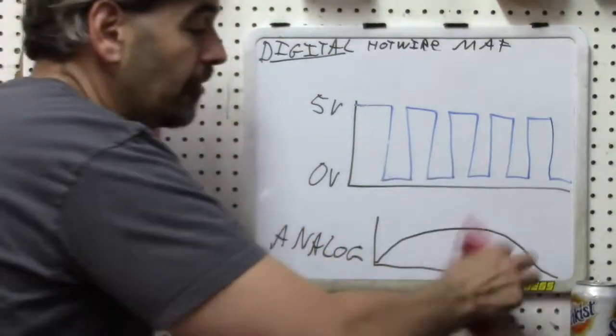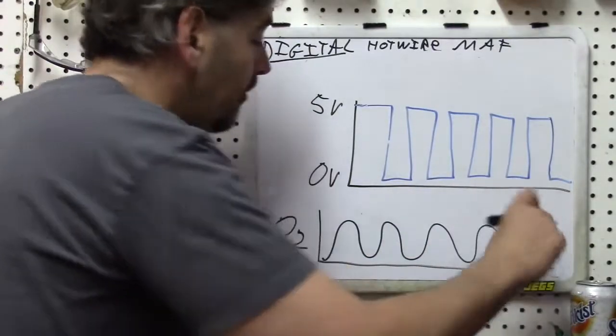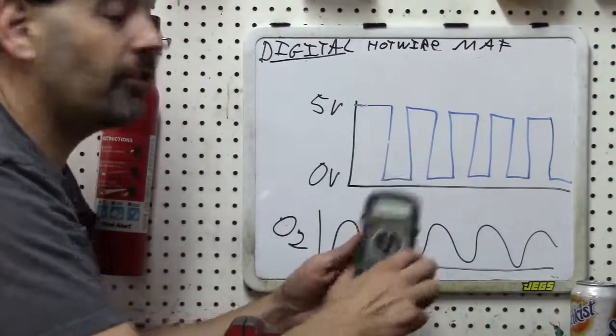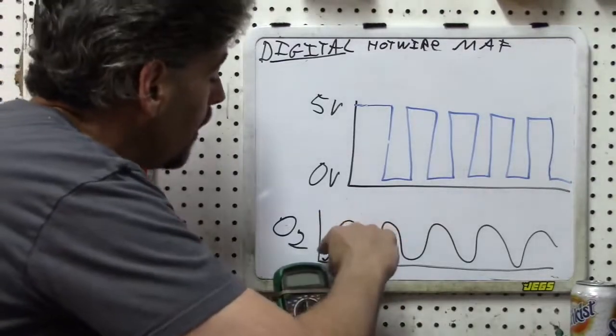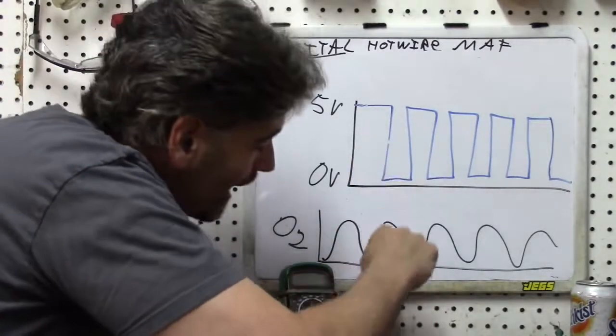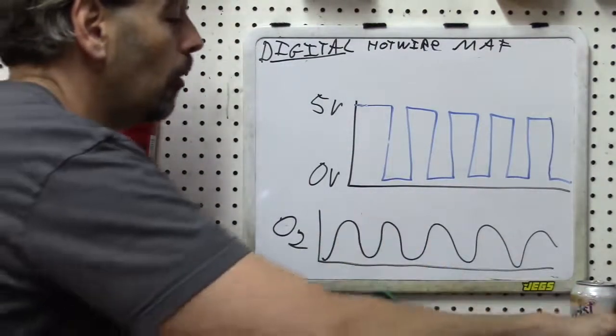If we use this on something faster, such as an O2 sensor trace, pretty much, I'm sure all of you guys have attempted to use a DVOM on an O2 sensor trace. Does it go from point 1 to point 2 to point 3 to point 4 to point 5 to point 6 to point 7 to point 8 and down and up? No, of course not.